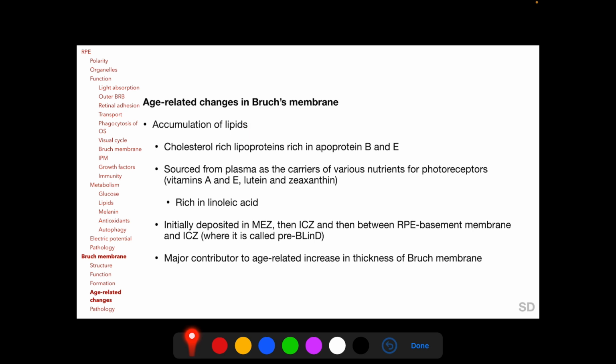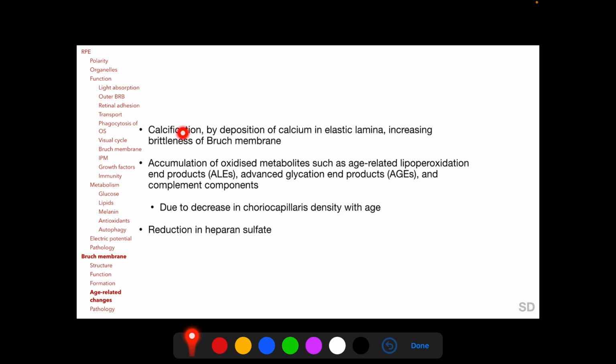These lipids are the major contributor to age-related increase in thickness of Bruch's membrane. Calcification of the Bruch's membrane also occurs with age by deposition of calcium in the middle elastic zone, increasing brittleness of the Bruch's membrane. Bruch's membrane also accumulates oxidized metabolites such as age-related lipoperoxidation end products, advanced glycation end products, and complement components.